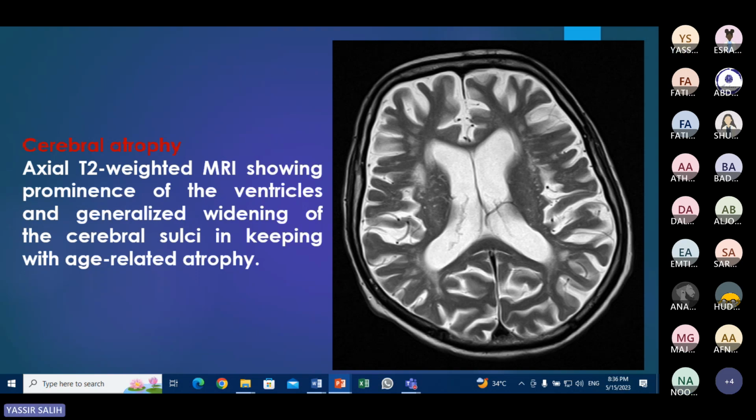Okay, what findings or signs are demonstrated in this MRI? Prominence of ventricles. Yes, the lateral ventricles: this is a body, this is an anterior horn, and this is a posterior horn, all dilated. And what else?